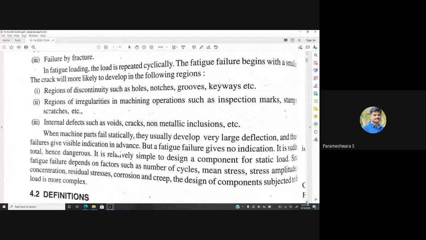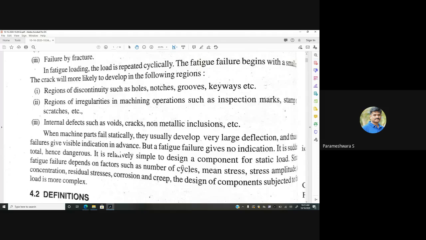See, most of the time when a body is subjected to tensile load or compressive load, that body gives you an indication of failure. But when a body is subjected to fatigue failure, it gives no indication. It is a sudden failure.